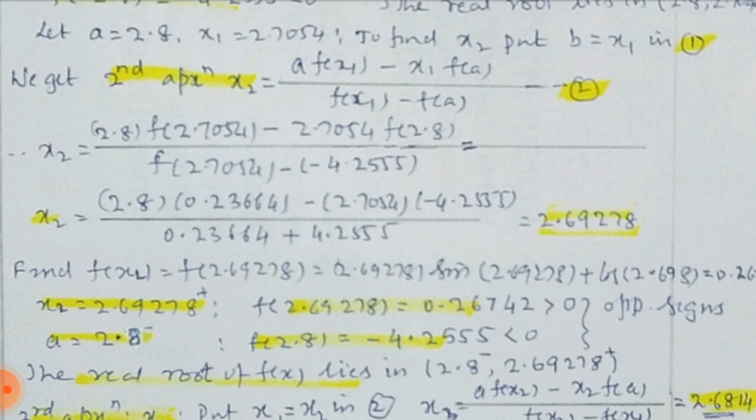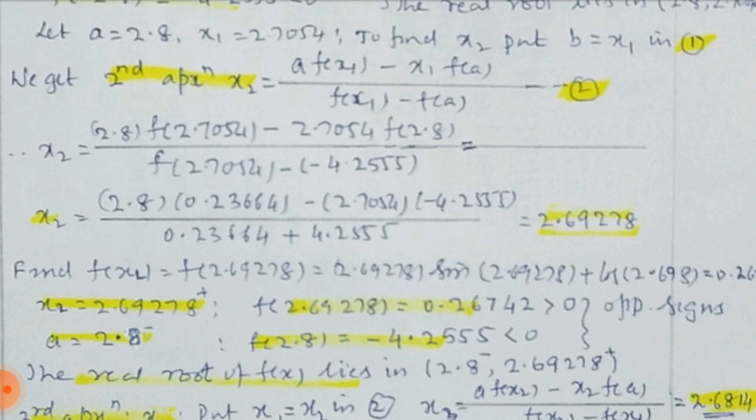So the second approximation is x2 is equal to 2.69278. To find the third approximation, we need f of x2, that is f of 2.69278, which is equal to 2.69278 into sine of 2.69278 plus cos of 2.69278, equal to 0.2674.